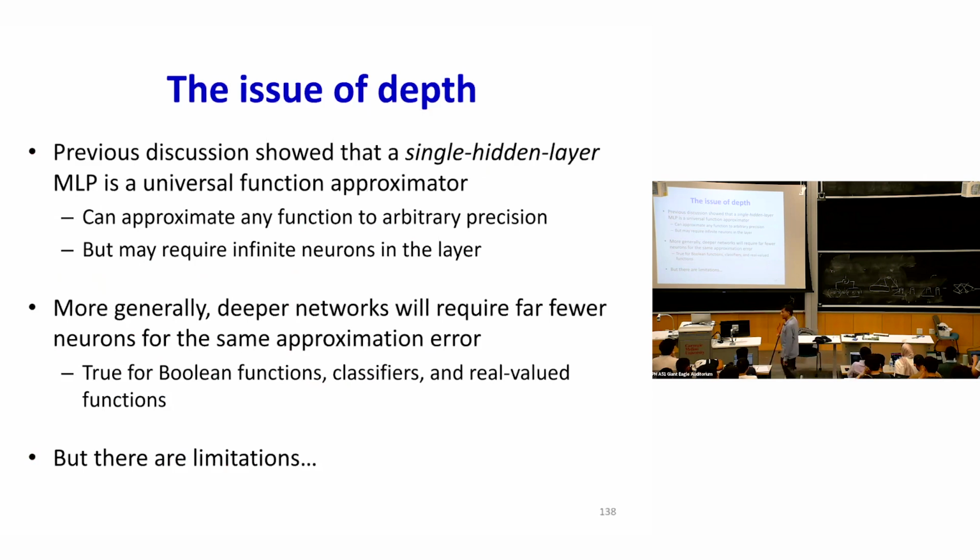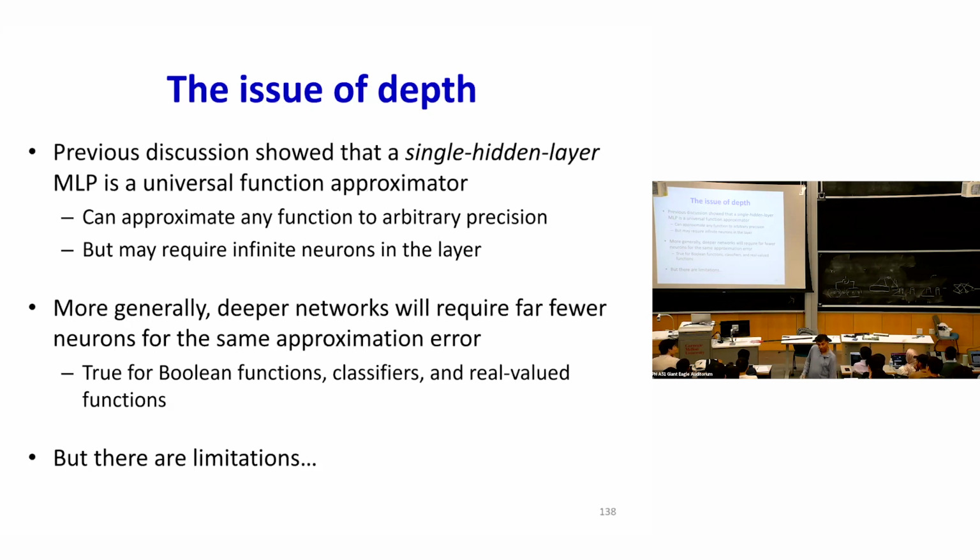It can approximate any function to arbitrary precision, but it may require infinite neurons in that one hidden layer. More generally, we saw that deeper networks will require far fewer neurons for the same approximation error. This was true for Boolean functions, it was true for classifiers, and it was true for real-valued functions.